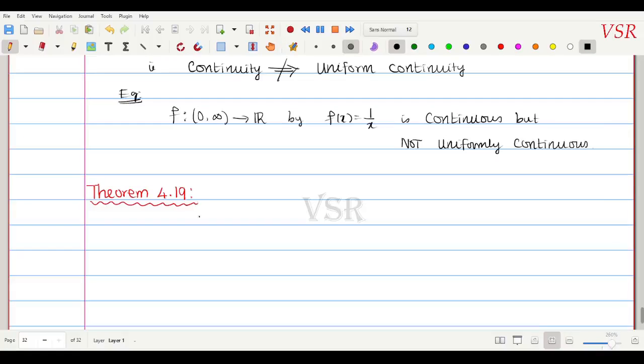Let capital X, Y be metric spaces and f from capital X to Y be a continuous function.